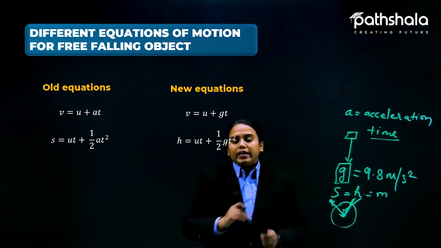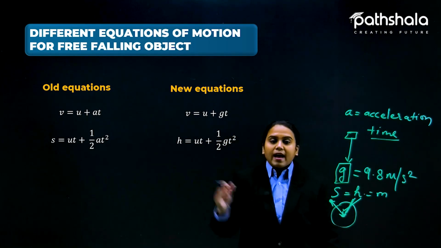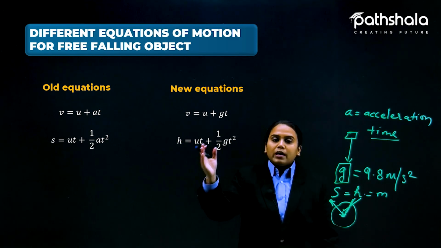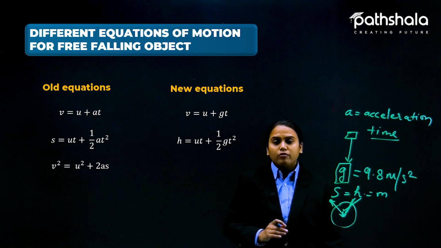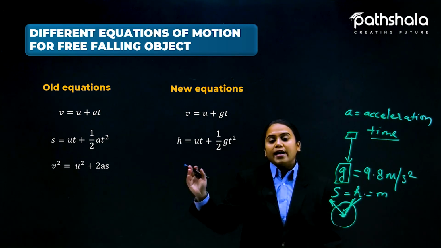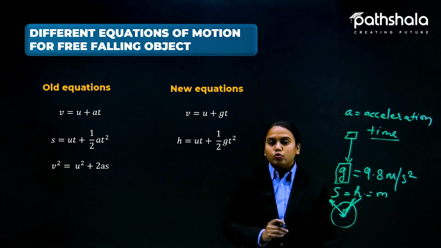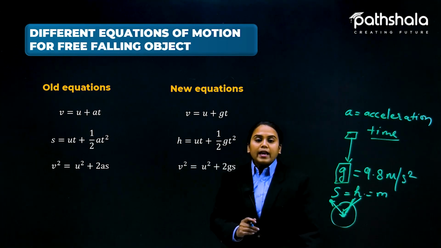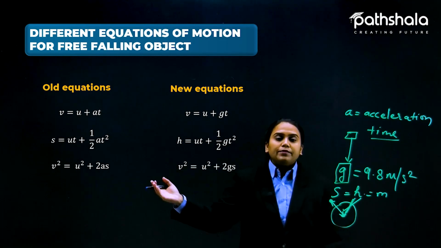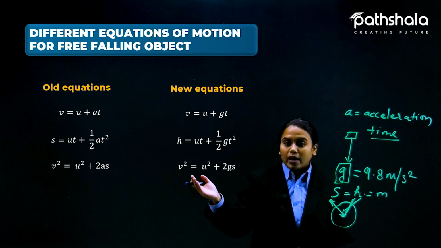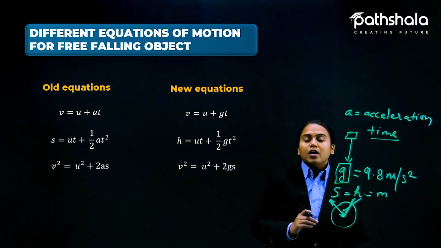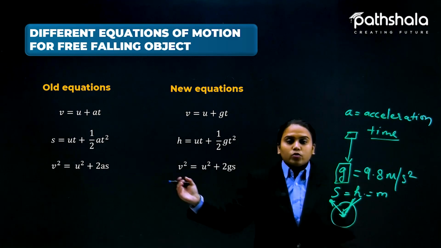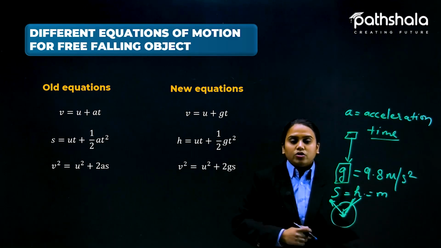That is why we have taken h here: h = ut + half gt square. And the third equation of motion is v square = u square + 2as. Again, this becomes v square = u square + 2gs, where a is replaced with g.